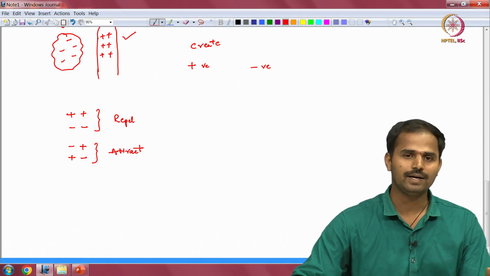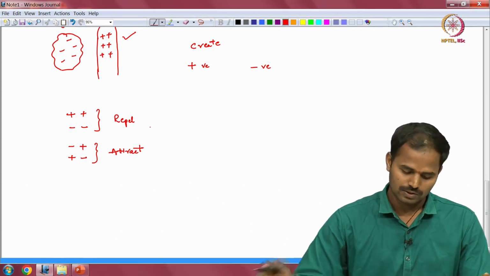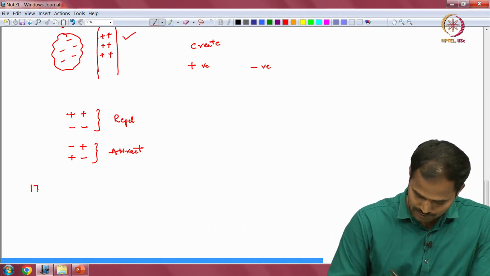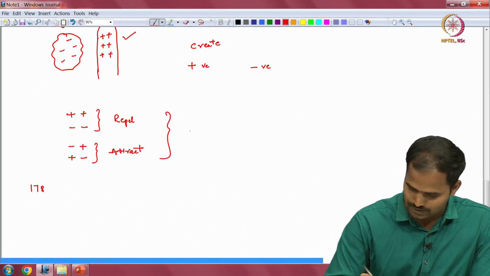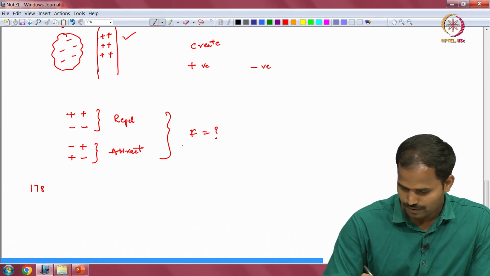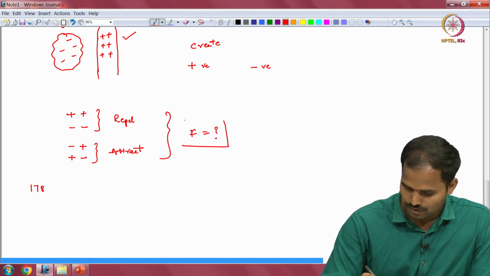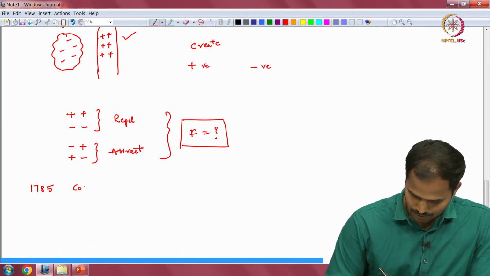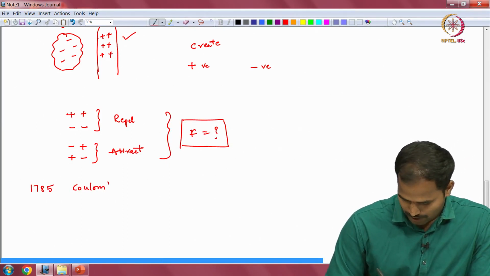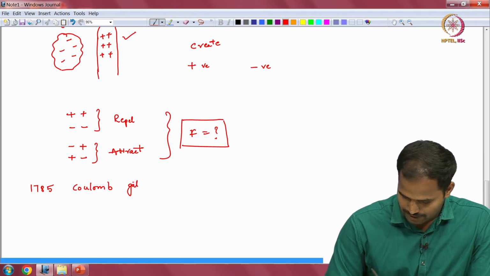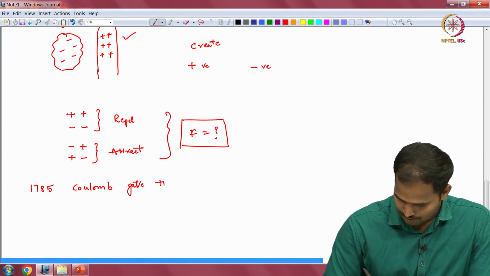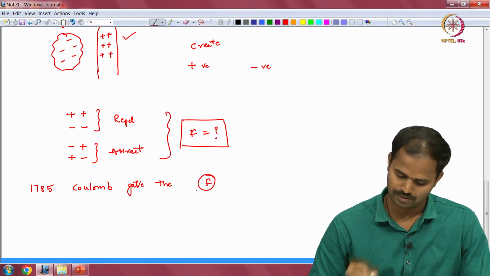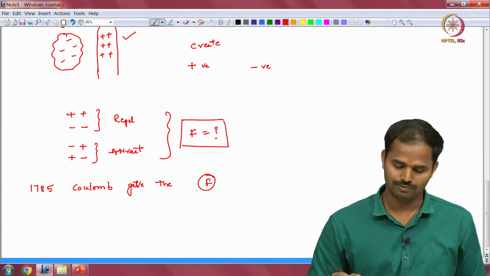How do we find it? In order to find the force magnitude, in 1785 Coulomb gave the relation for the force.